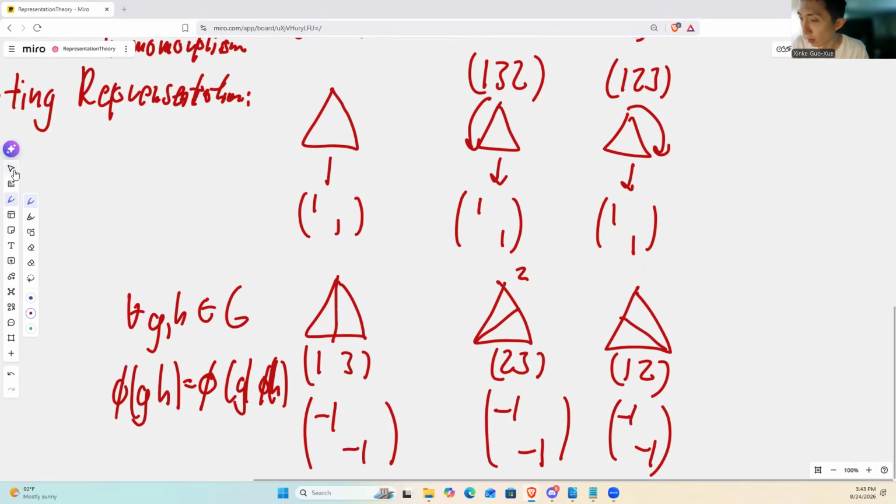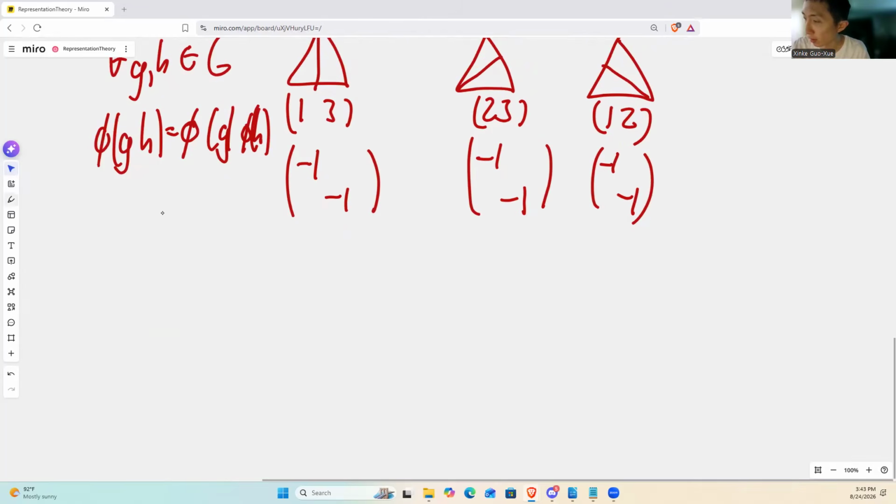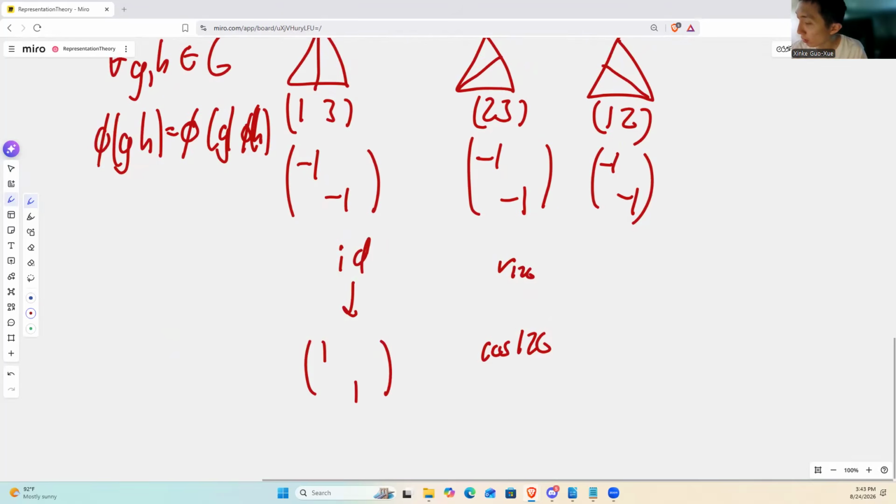So we can also send everything to a distinct element. So maybe the identity gets sent to the identity. The rotation by 120 degrees gets sent to the rotation matrix.